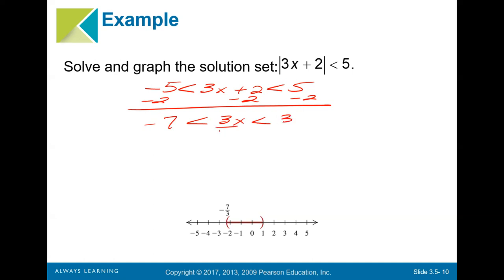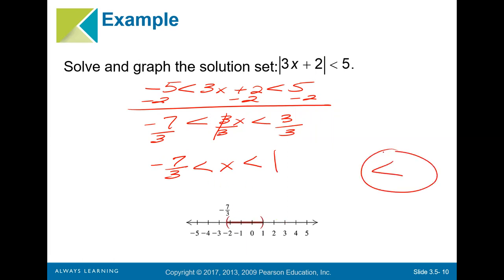Now I'm going to divide by 3 because I want a positive 1 coefficient on x. And what you do to one part, you do to all. So now I get negative 7/3 is less than x, and x is less than 1. 3 goes into 3 once. So if you'll notice here, since there are no equal signs on these inequalities, they're going to be parentheses. It's usually an open circle, but in this case, we're just using parentheses.